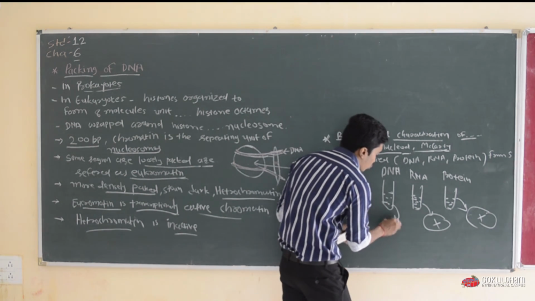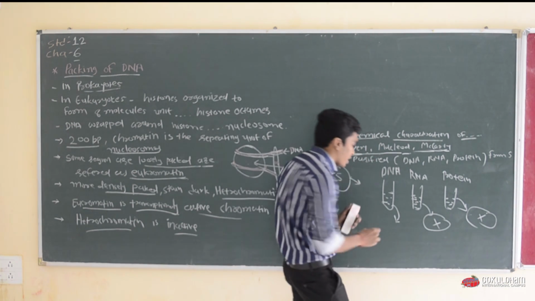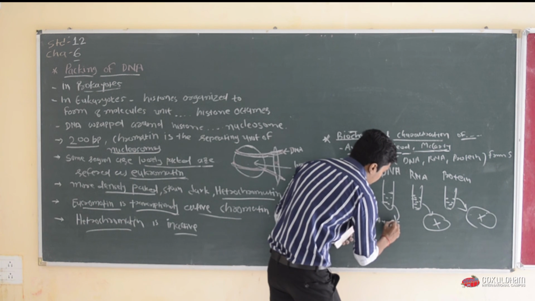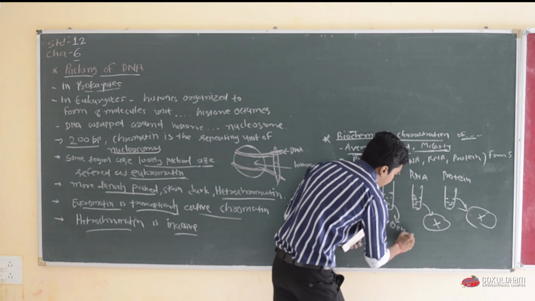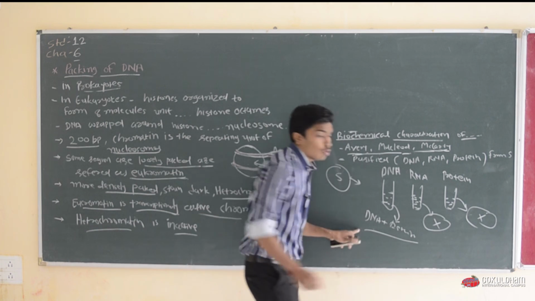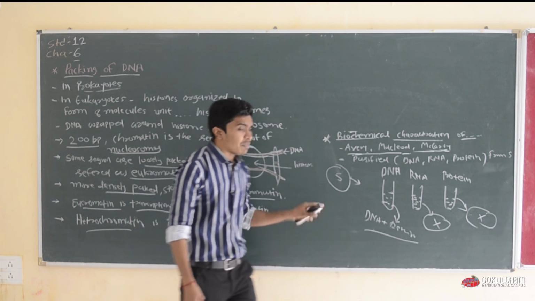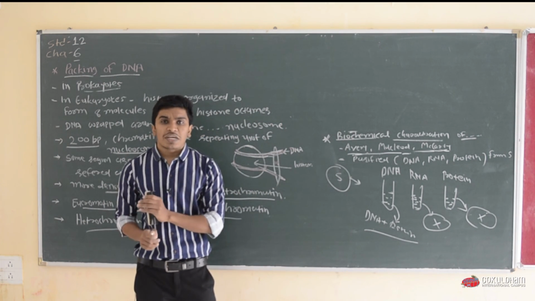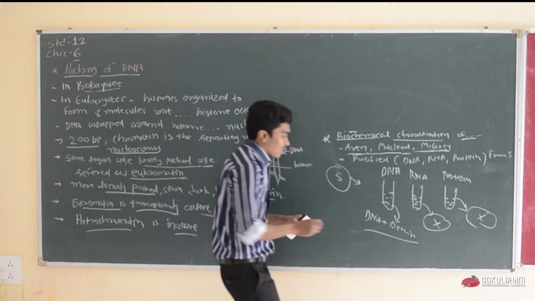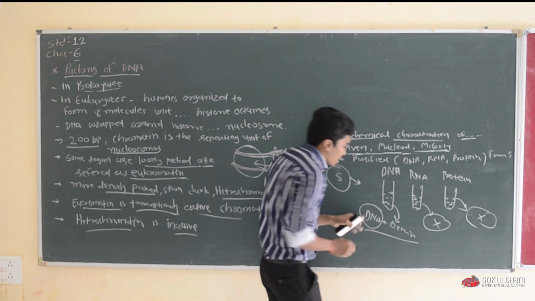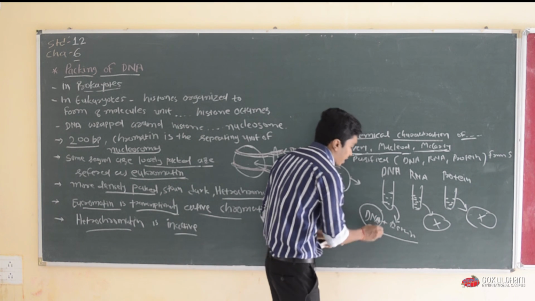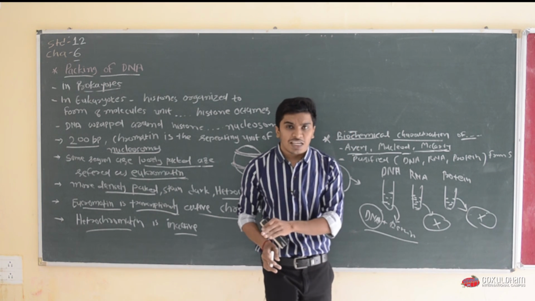But when they introduced DNA into the rough strain bacteria, they found that the rough strain bacteria was transformed into the smooth strain bacteria, which means here DNA is responsible for the transformation of rough strain bacteria to smooth strain bacteria.